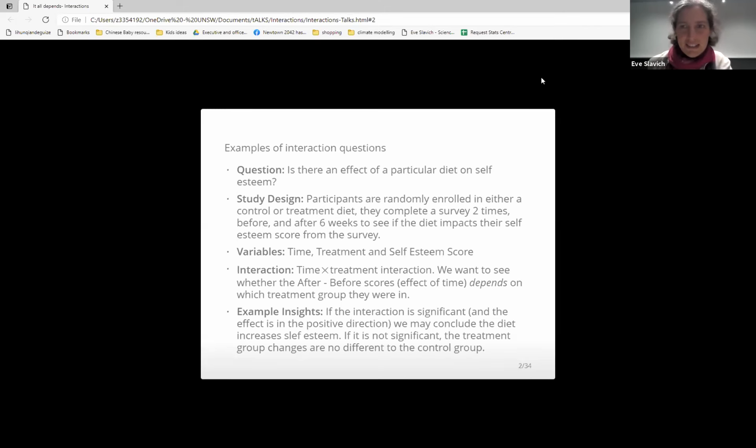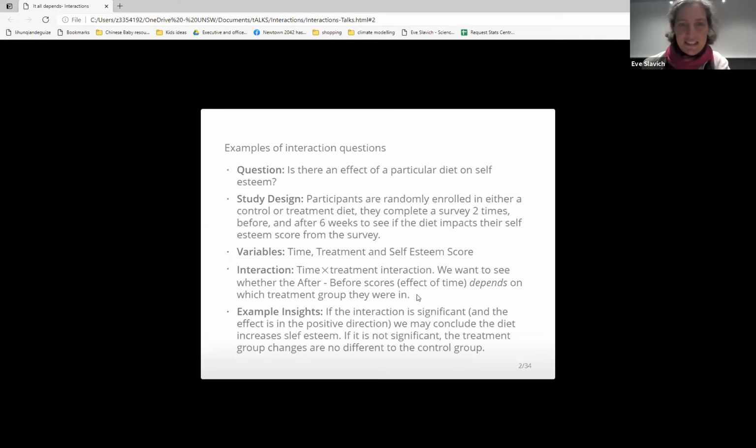So in this study, there's three variables. There's time, which is a categorical variable, before or after; treatment, which is either control or the treatment diet; and the outcome variable, which is self-esteem score.